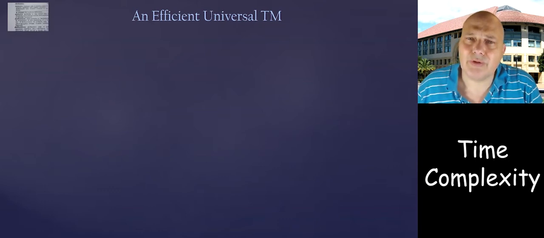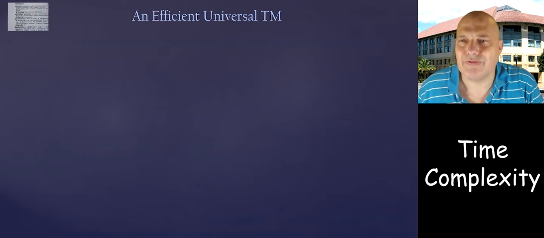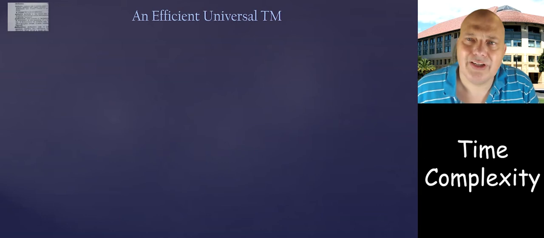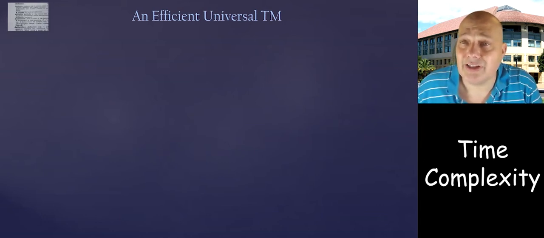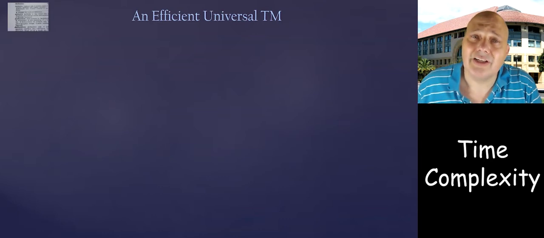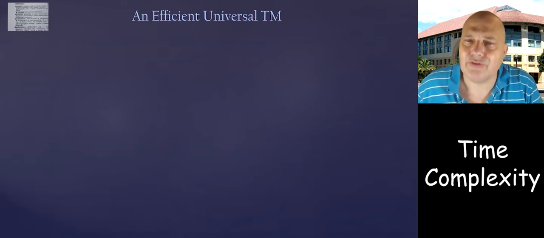And for that, in this part of the class, we are revisiting many of our old friends from the previous chapter, but with a little bit more attention to details, more attention to efficiency. So we'll discuss an efficient version of a universal Turing machine.